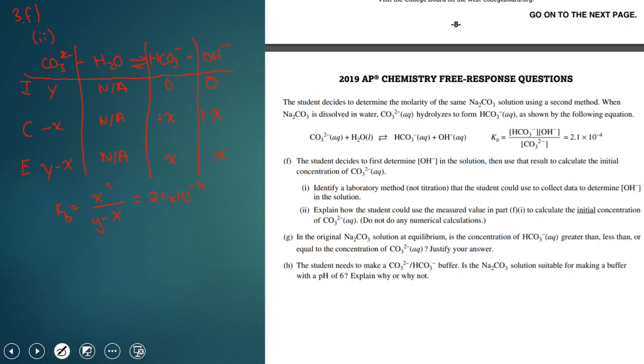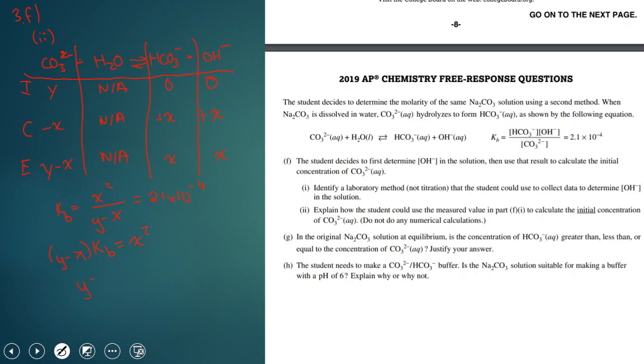So what you would say in your explanation is that you can identify what the final concentration of OH- is, and you can solve for Y. Now, if you wanted to, you could do some rearranging in order to make this a little bit easier. So Y minus X times Kb is equal to X squared.